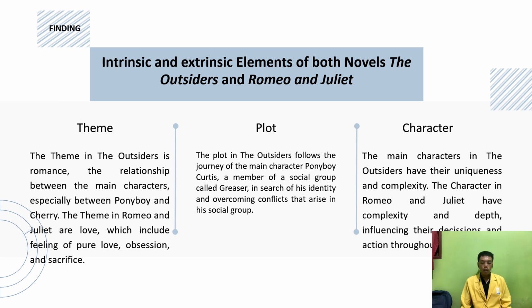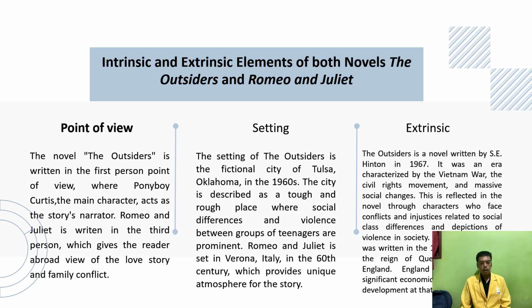Character. The main characters in The Outsider have their unique arcs and are complex, with intrinsic and extrinsic elements in both novels, The Outsider and Romeo and Juliet. The next is point of view.